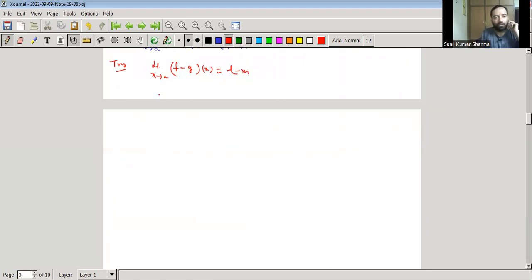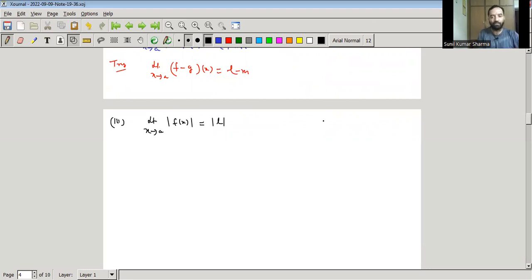Okay, the third part is limit as x goes to a of mod of f(x) is equal to mod of L. Right? Again, we use the same approach.